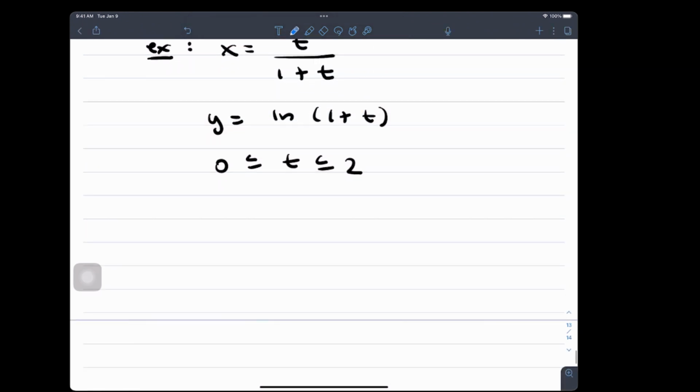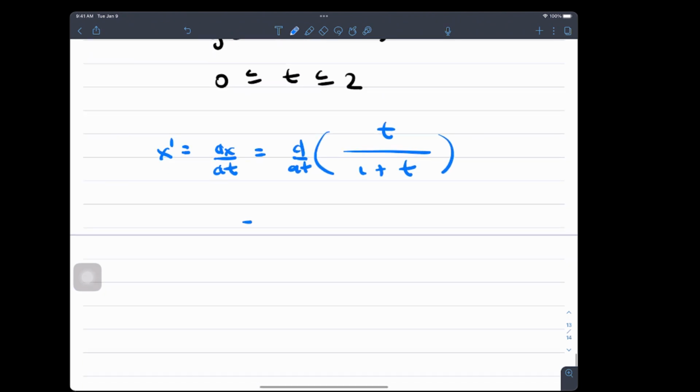If you have to find x prime again for the arc length formula, that's dx dt. We're using quotient rule. And so by quotient rule, you're going to get 1 plus t squared in the denominator, 1 plus t times the derivative of the numerator minus t times the derivative of the denominator.